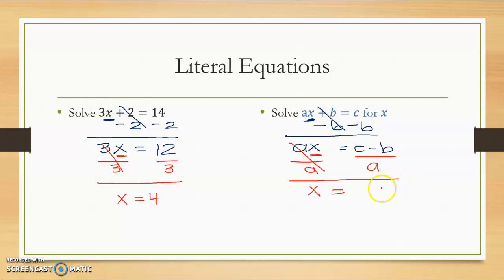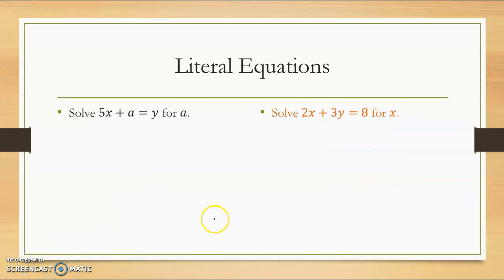These are not like terms, so we can just write down the equation as is, c minus b divided by a. So the process of solving an equation is the exact same for a literal equation. We're just not going to end up with a numerical answer.